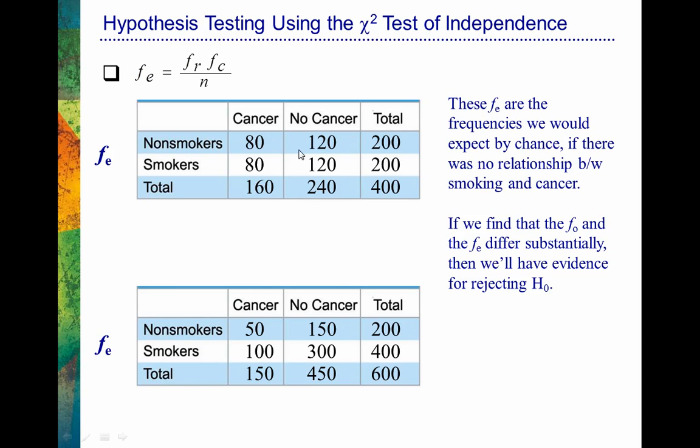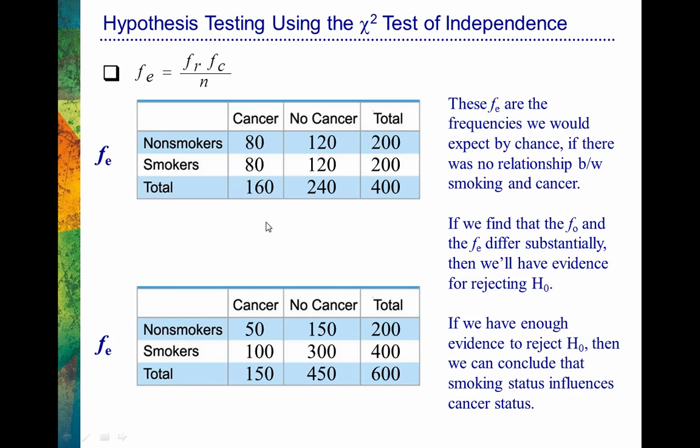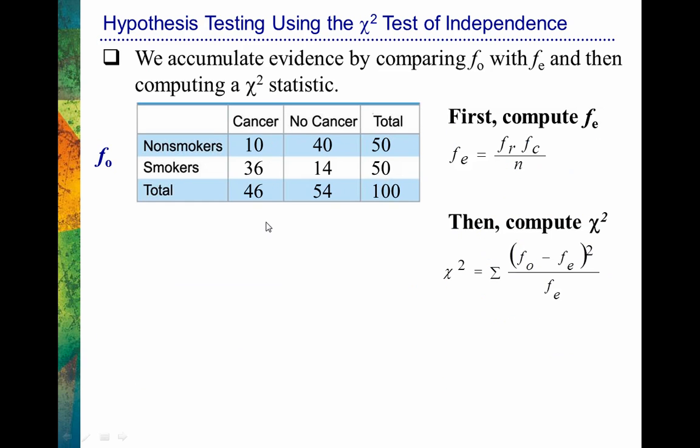Because remember, the null hypothesis is based on these expected frequencies. That null hypothesis is showing no relationship. If our actual numbers differ quite a bit from these expected numbers, it's good evidence that there is a relationship and that we would reject the null hypothesis. So how much evidence do we actually need to determine if we can reject the null hypothesis? That's what we're going to talk about next.